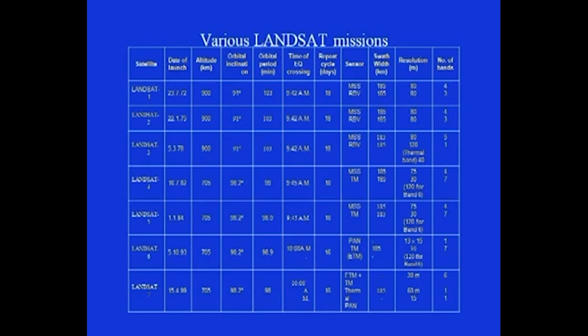The major change in the sensor technology took place with the launching of Landsat 4 in 1982, on 16th of July. This particular satellite flew at an altitude of 705 kilometers at an inclination of 98.2 degrees, having an orbital period of 99 minutes and crossing the equator at 9:45 a.m., with a repeat cycle now reduced to 16 days.